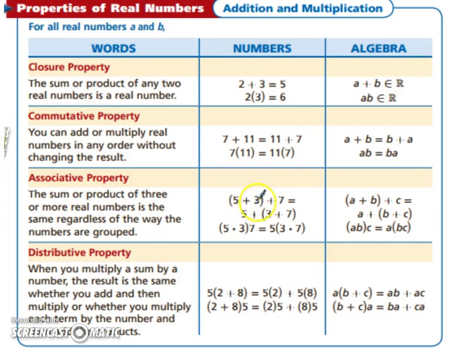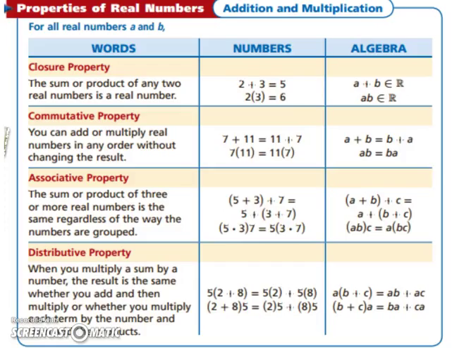So 5 plus 3 plus 7 is still equal to 5 plus the quantity 3 plus 7. Or with multiplication, the quantity 5 times 3 times 7 equals 5 times the quantity 3 times 7.